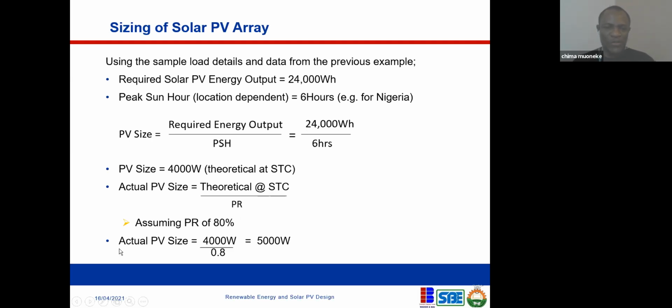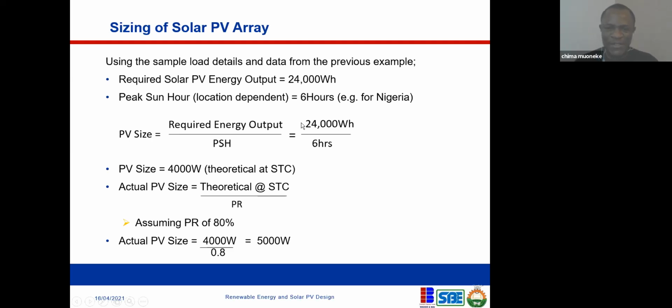So we are going to divide our PV size at standard test condition by the performance ratio. When we do that, we get a higher solar array size, which is 5,000 watts. So our solar array size will have to be 5,000 watts for us to be able to generate 24,000 watt hour energy with 6 hours of peak sunshine, assuming our performance ratio is 80%.